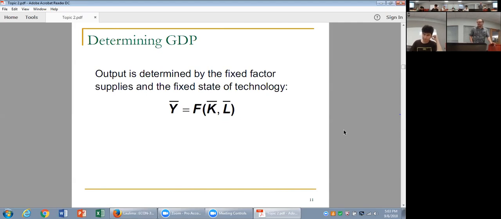The problem with the Great Depression was that output was too low, and you can't just fix it by changing K and L, even if this were somewhat neoclassical. The only way to change it would be, in a Keynesian model, by changing G, and then adjusting the size of the economy.